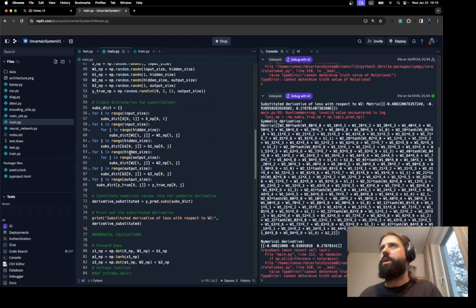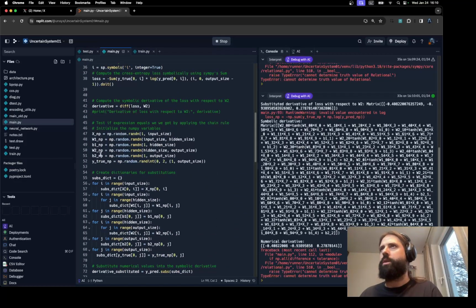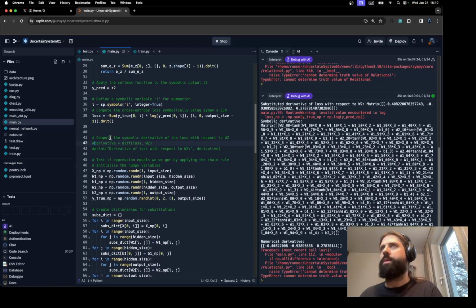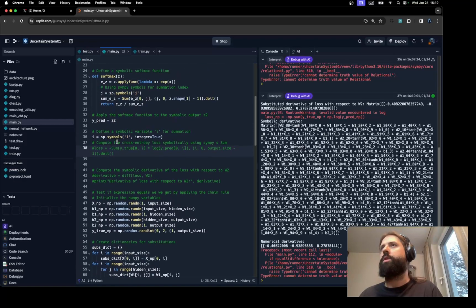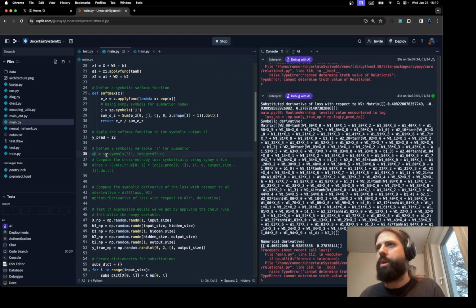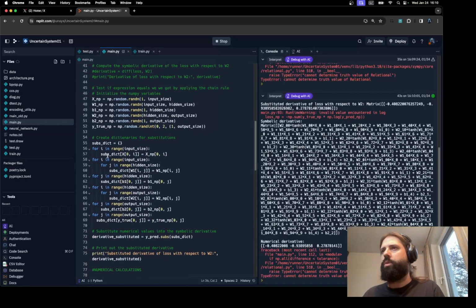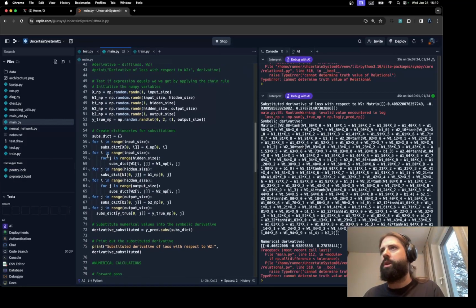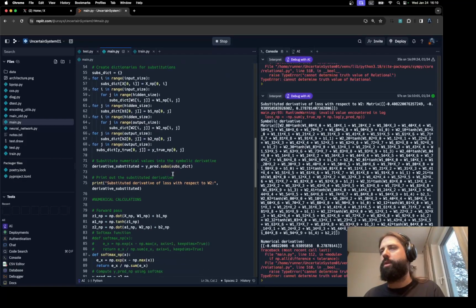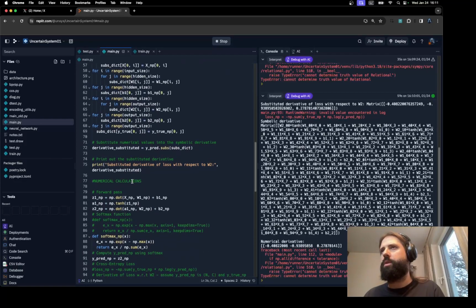The same here, let's just not do the derivative. Let's just not do the loss. Let's just stay at y pred. Okay, let's just keep it simple. Then we do the substitution: y pred substitution dictionary.